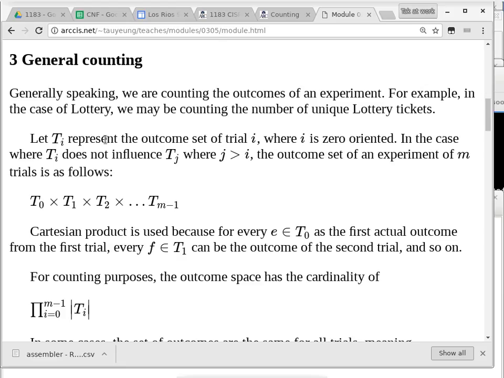When you want to look at the outcome of the entire experiment, it becomes the Cartesian product of the outcomes of individual trials. Now that only works in one case: when the outcome of one trial does not affect the outcome of subsequent trials.